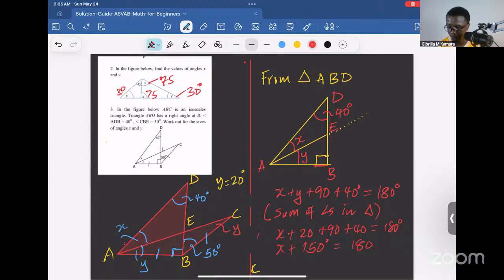So then we subtract minus 150 here, minus 150. This and this goes. So your x is 30 degrees. So those are the answers for x and y.